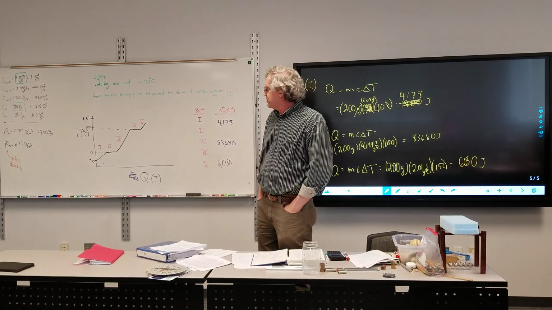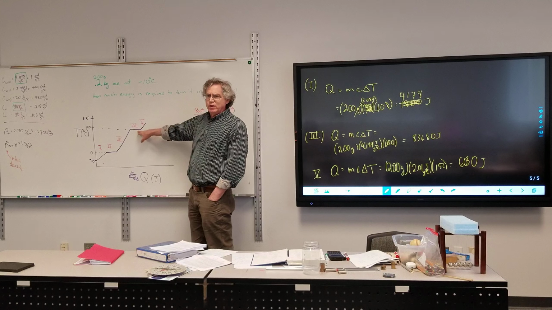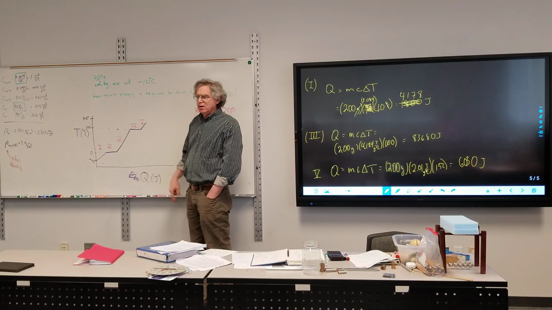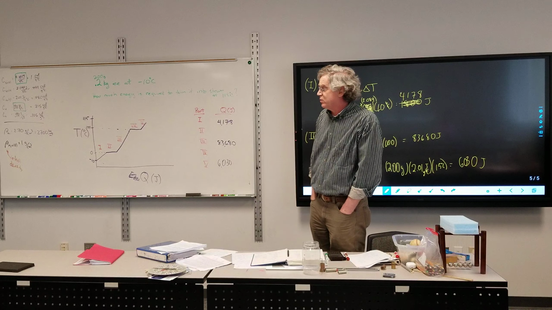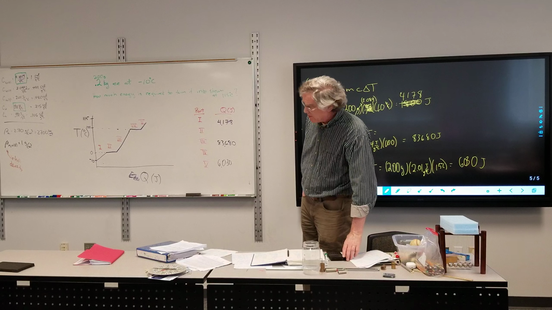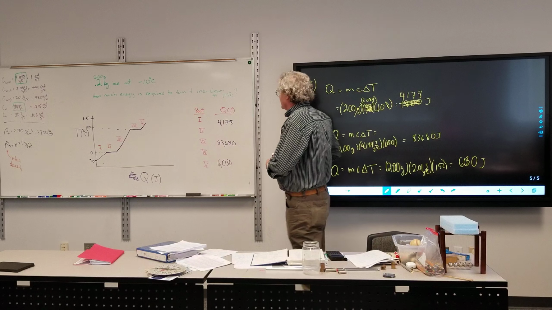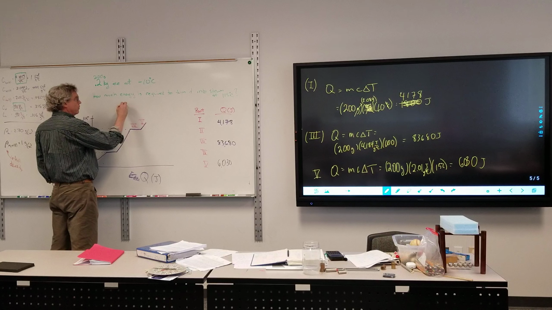There is no change in temperature when it melts. There's no change in temperature when it boils. So whatever formula we have, it cannot take change in temperature into account. Other than that, it looks very similar to what we just did. It's not MC delta T anymore for phase change.